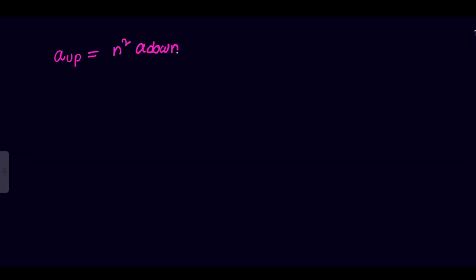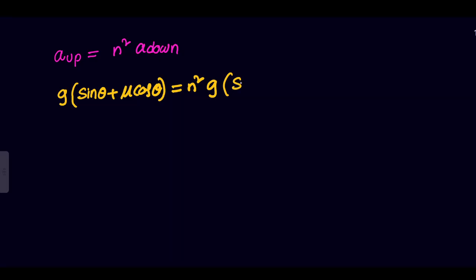How much are the A up and A down? The acceleration in the up case and the down case we know, and you need to remember those. The up case is g into sine theta plus mu cos theta, which is equal to n square into g into A down, that is sine theta minus mu cos theta.